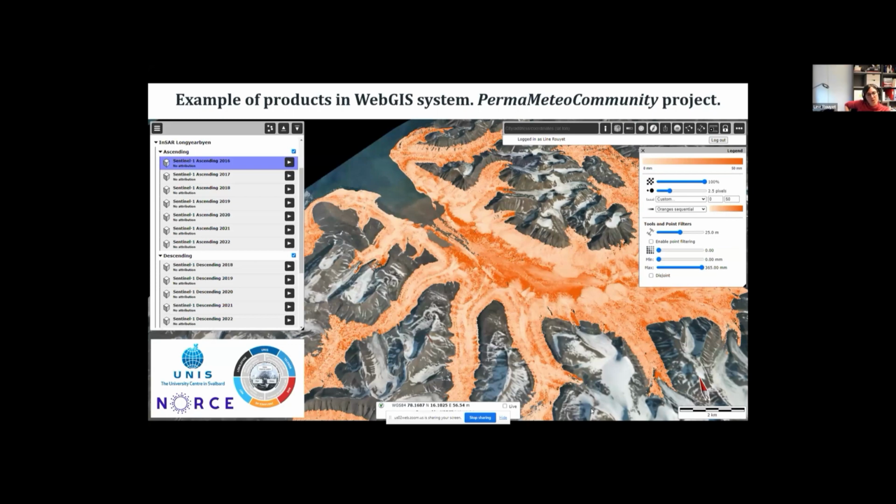So we have started to make some test products as part of this Permameteo community project that is led by UNES. And Permameteo community project funded NORCE with a little project to make InSAR maps around Longyearbyen. So these are some results that can also be used as pilot products to discuss the future of InSAR Svalbard.